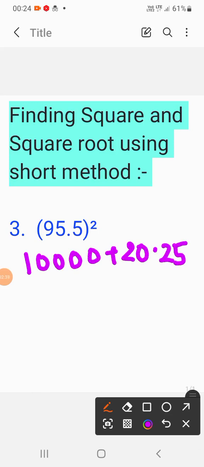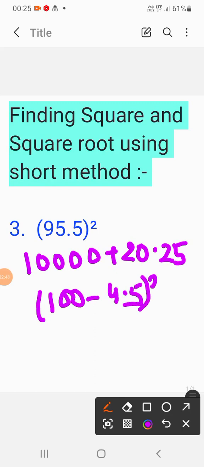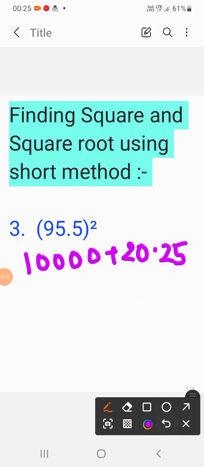Now we will solve for 100 minus 4.5 raised to the power 2. So we will multiply 100 into 4.5 into 2. So 4.5 into 2, which would be 9, and 9 into 100, which would be 900. So minus 900.